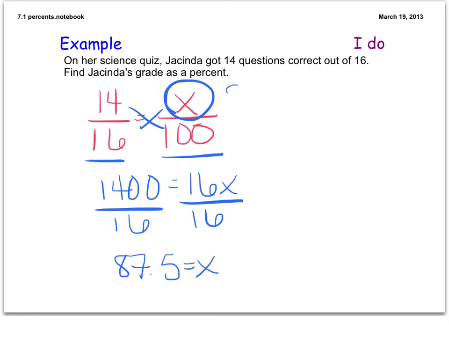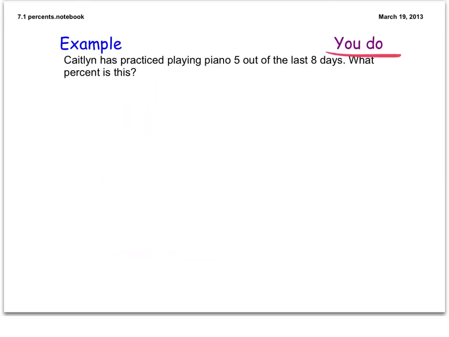And so if I replace that with 87.5, isn't that 87.5 over 100? So I can write my final answer as 87.5%. All right, you try this one. Write this as a percent. Caitlin has practiced playing piano 5 out of the last 8 days. What percent is this? Okay, try the best you can and replay me when you're ready for the answer.